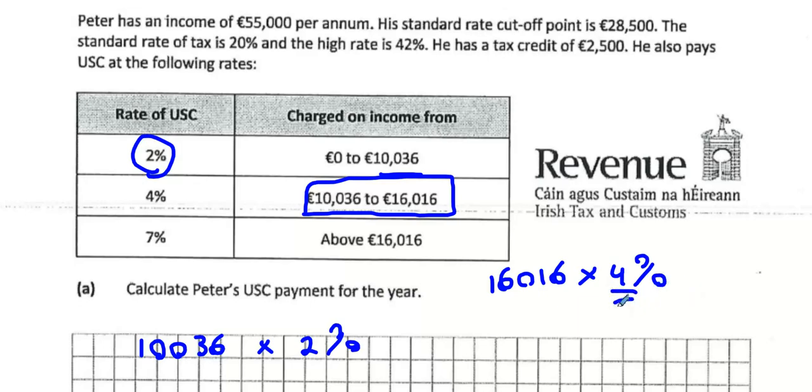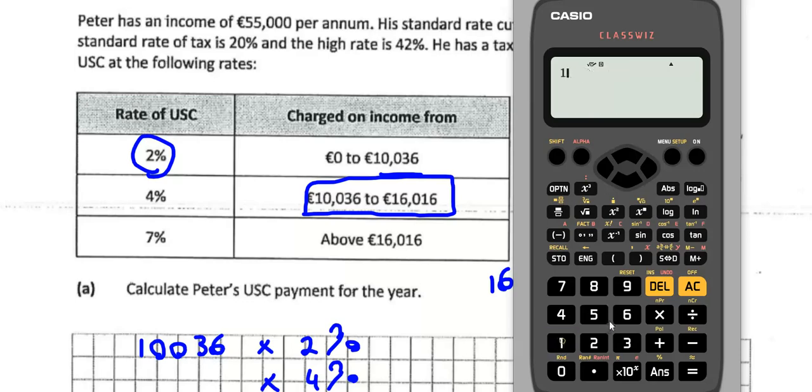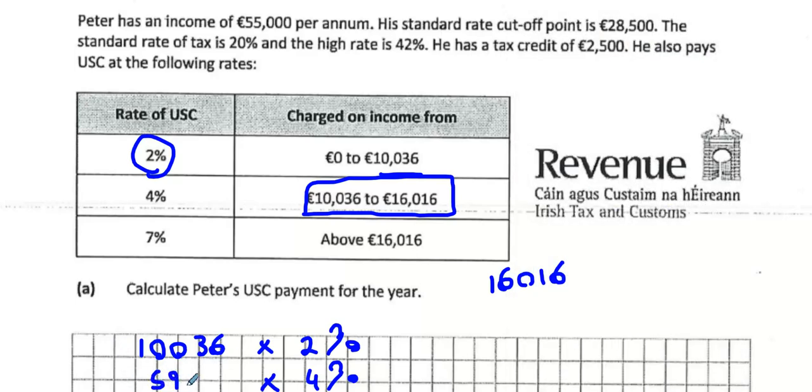So the deal is that it's the extra money you make that gets taxed at 4%. So it's not the whole thing, it's the extra money you make. So the extra money you make is your 16,016, take away your 10,036, and that is your 5,980. That extra 5,980 gets charged at 4%.